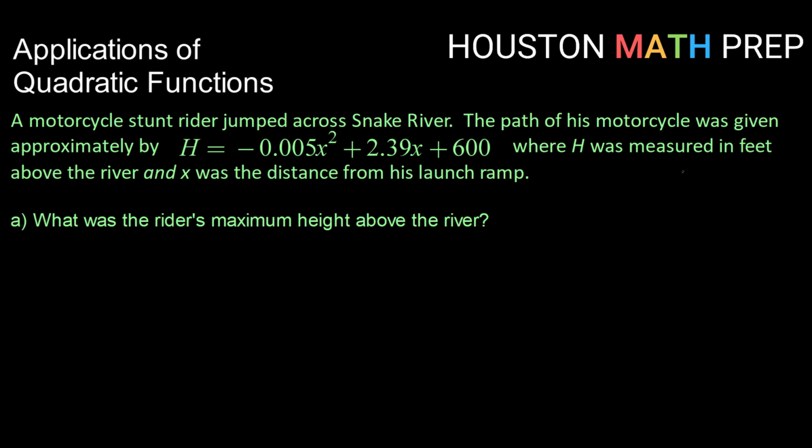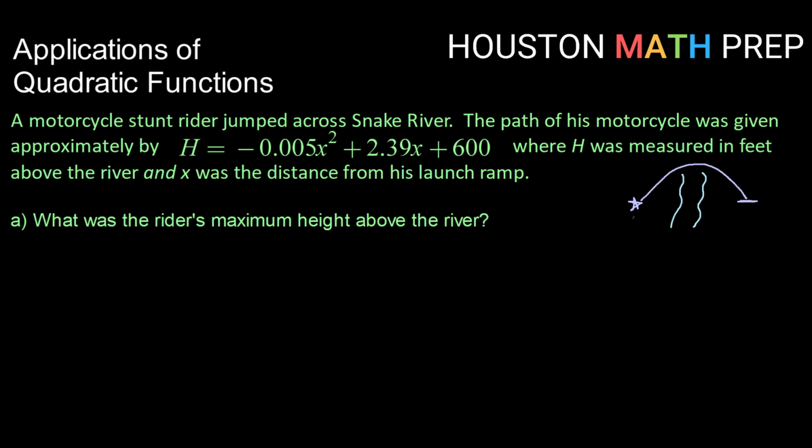So let's get an idea of what we're talking about here. Let's say here's the river, and we have a general path for the motorcyclist of a parabola, something like this. So let's say he starts over here, and he hopefully lands safely over here.